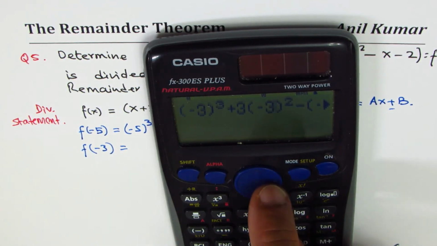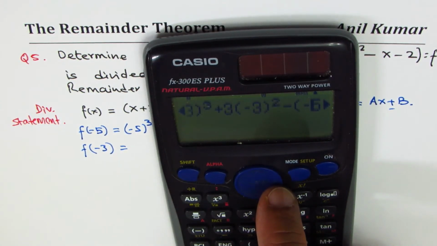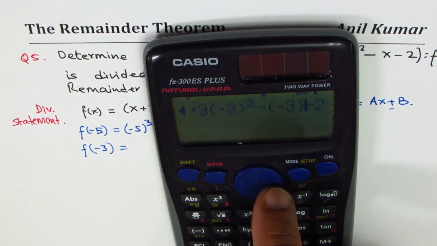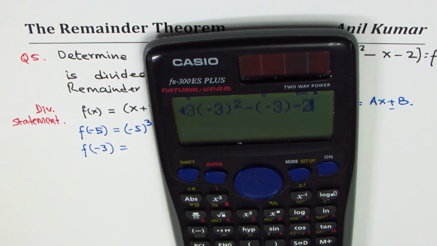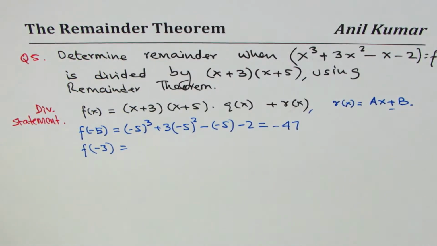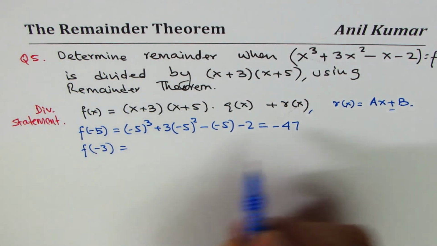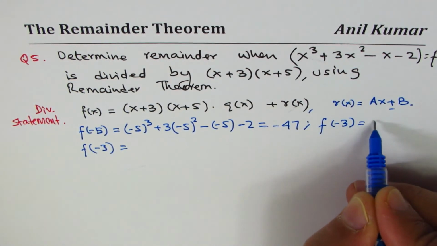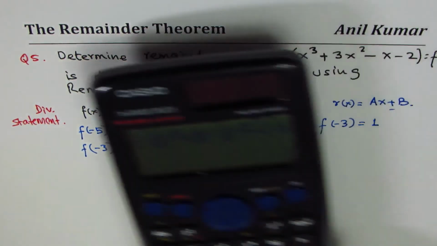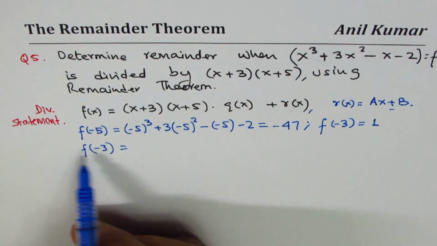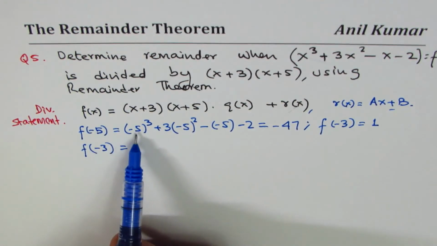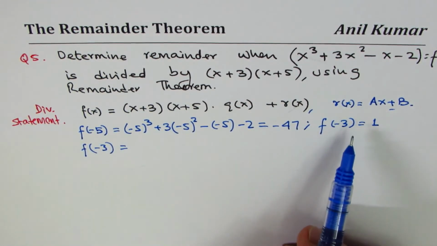Delete minus 3, and then equal to. So it's equal to 1, so we get 1. So at minus 3, let me write here, f of minus 3 is equal to 1, right? That's what we got. Perfect. So we just found the values of this function at minus 5 and minus 3.